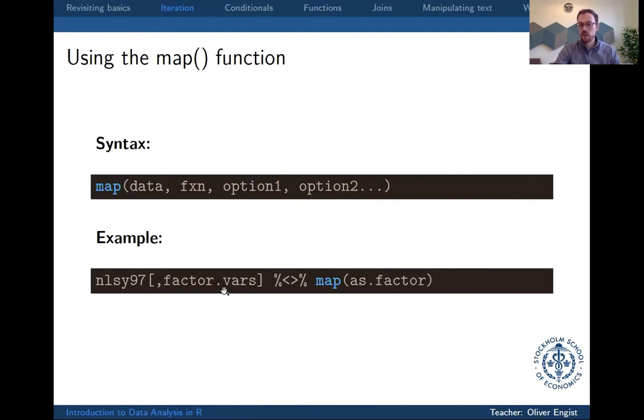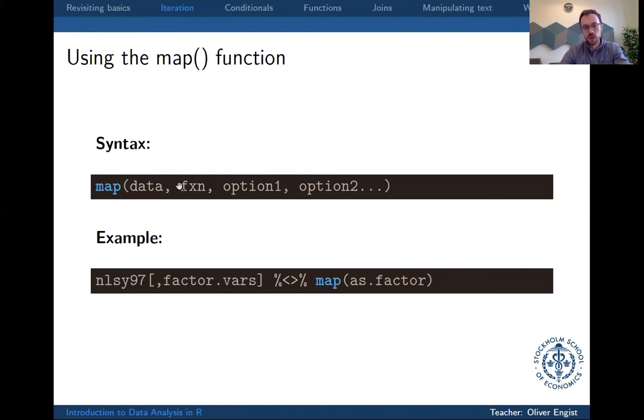So remember, if we give a vector of names as an input for the columns in the square brackets, it will just select all these variables whose names were listed in the vector. And then this subset we feed into map as the argument for data.